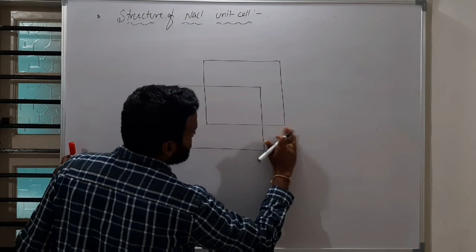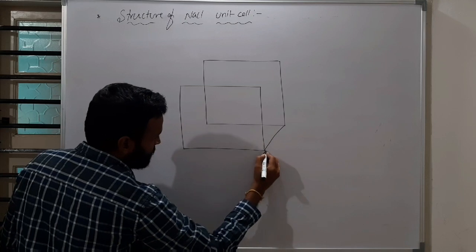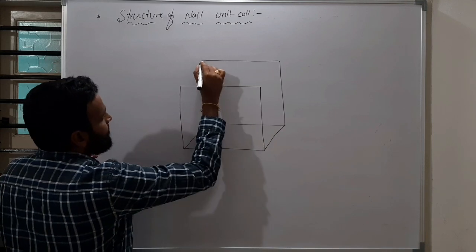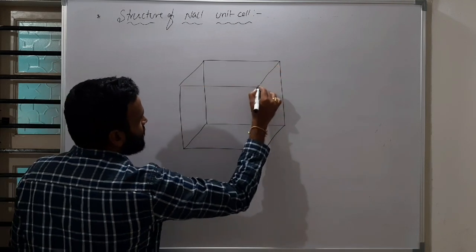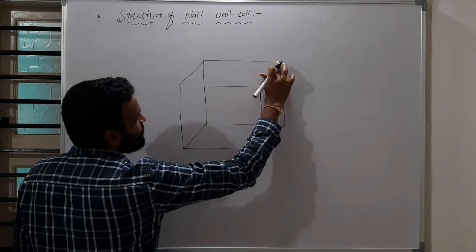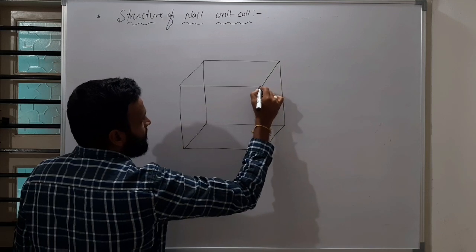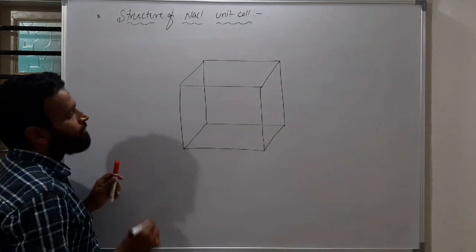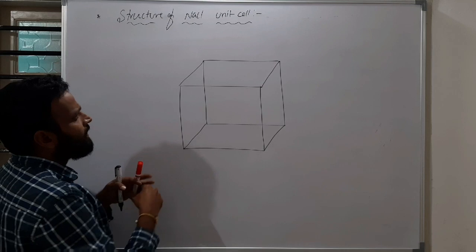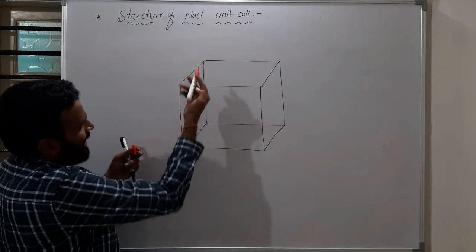So I am drawing this cube, 1, 2, 3, 4, like this. Now just combine all the diagonal edges.